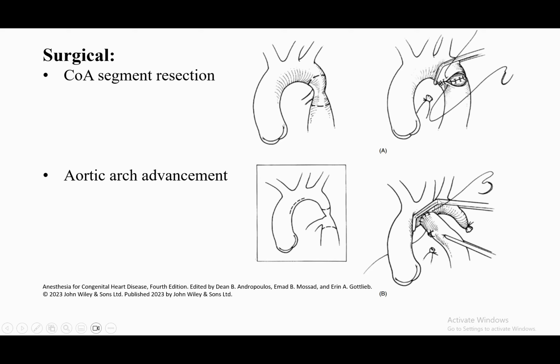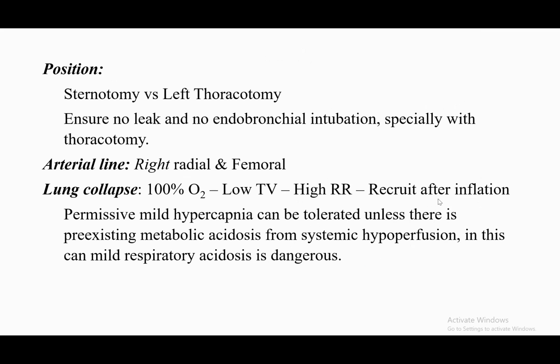So the measurement of the left radial artery may stop. During clamp time, the clamp may stop the blood flow to the subclavian artery, so the radial artery won't read any measurement during the clamp time.